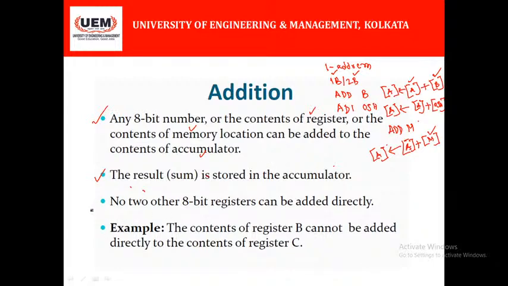So no two other 8-bit registers can be added directly except the accumulator. The contents of the B register cannot be added directly to the content of the C register. So naturally, ADD B, C is not possible in the 8085 microprocessor.